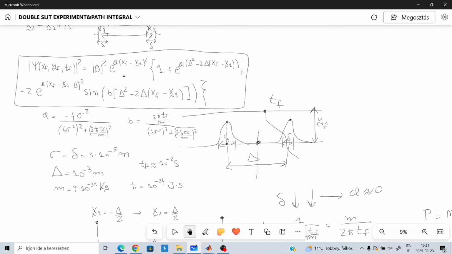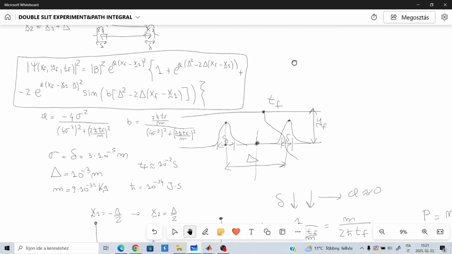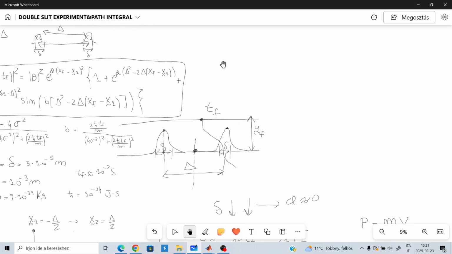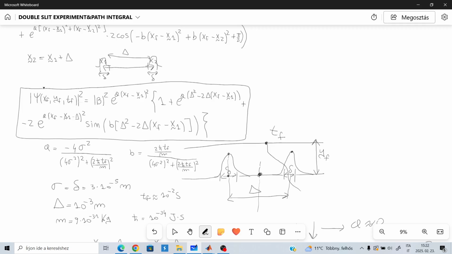So if we want to consider the positions of the maxima, and when I say maxima, I mean the maxima of this probability amplitude. Those maxima would occur when the sine here is equal to -1, because here we have a minus.